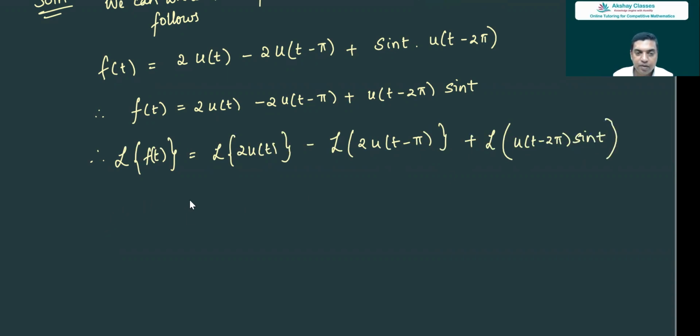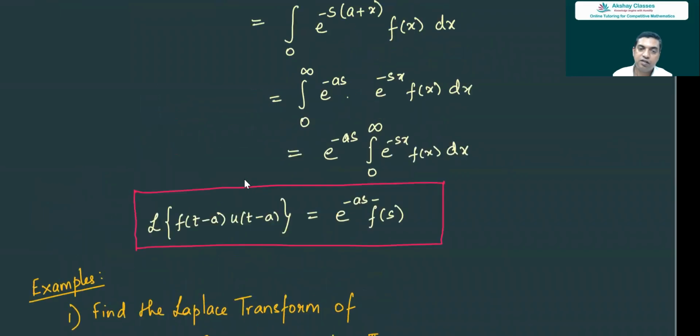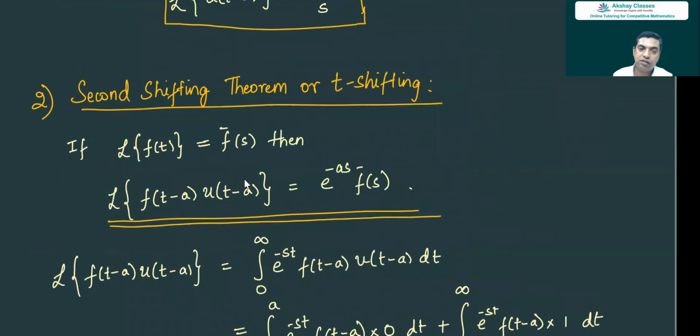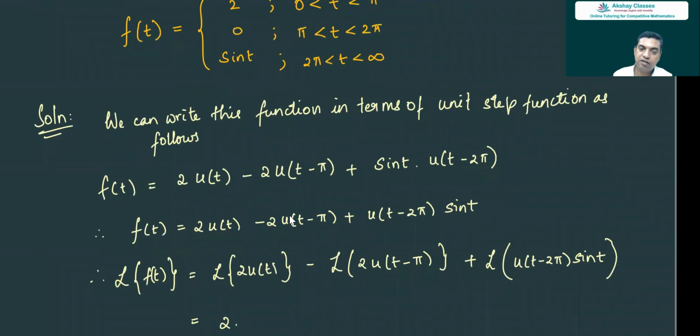So this is 2 times e power minus as by s, t minus a.